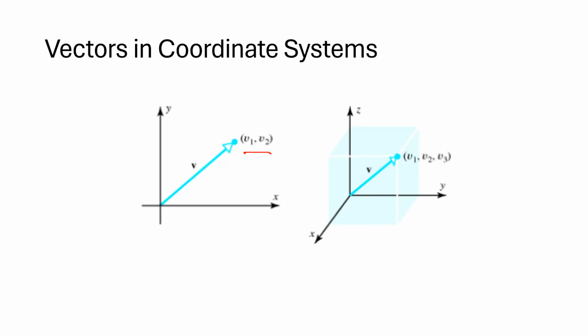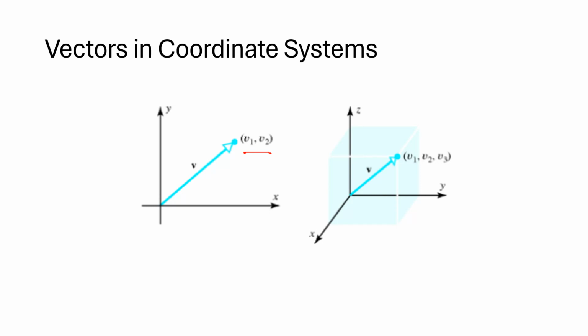It should be evident geometrically that two vectors in 2-space or 3-space are equivalent if and only if they have the same terminal point when their initial points are at the origin. Algebraically, this means that two vectors are equivalent if and only if their corresponding components are equal.